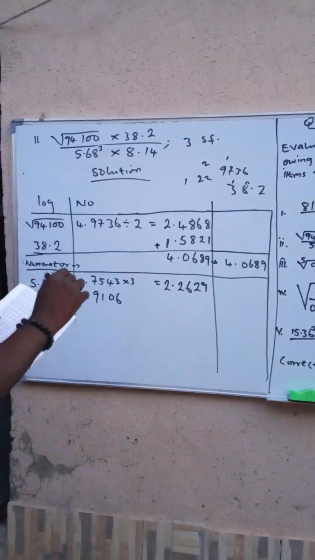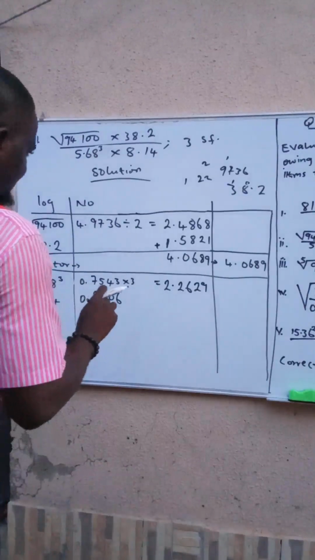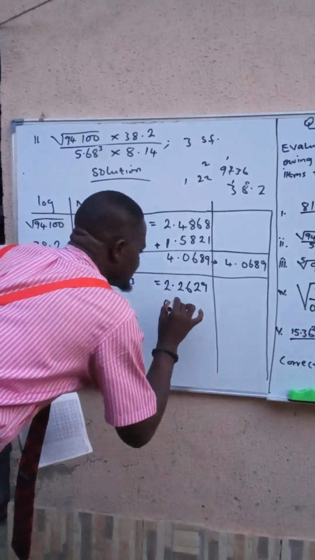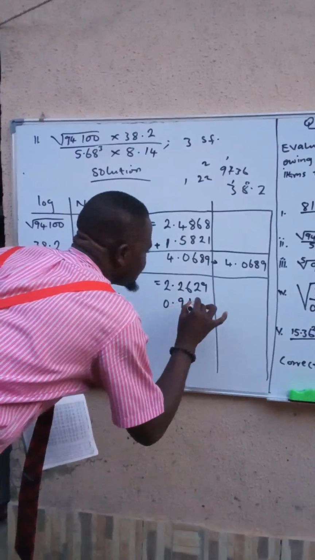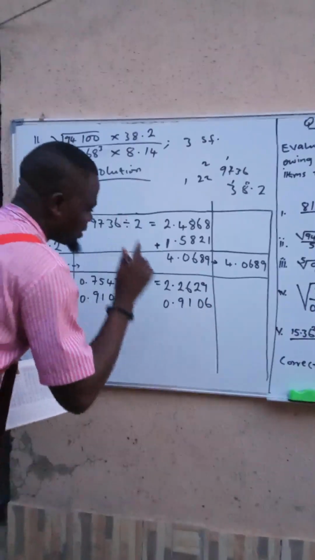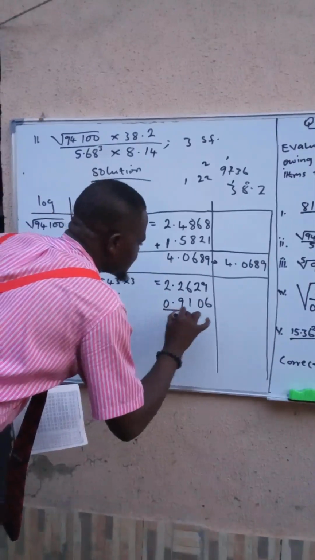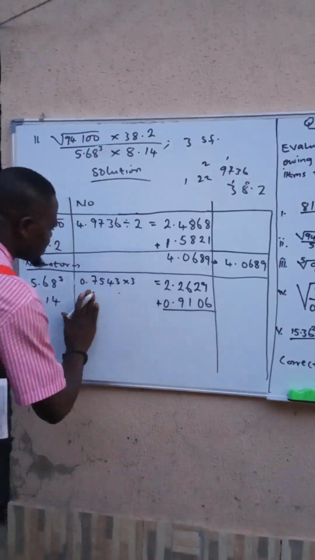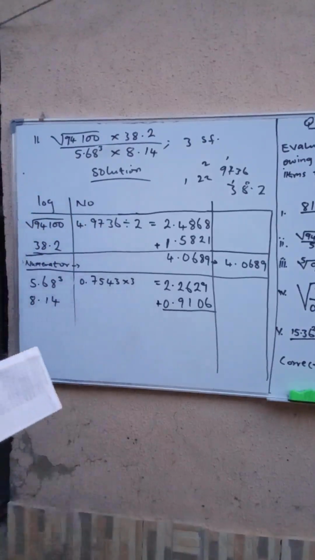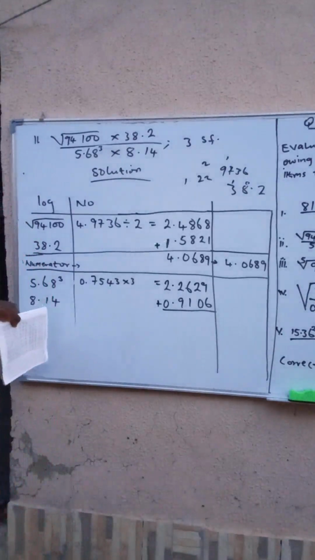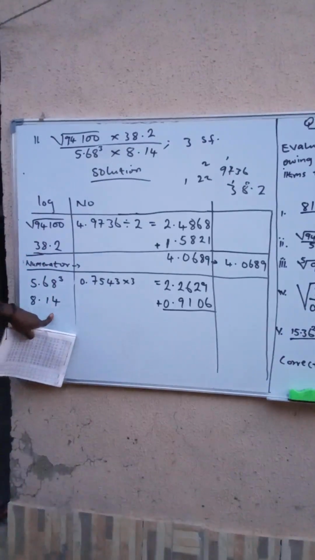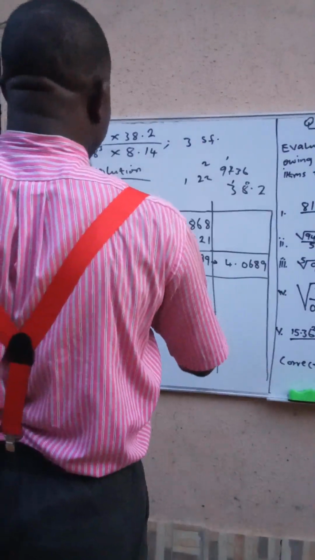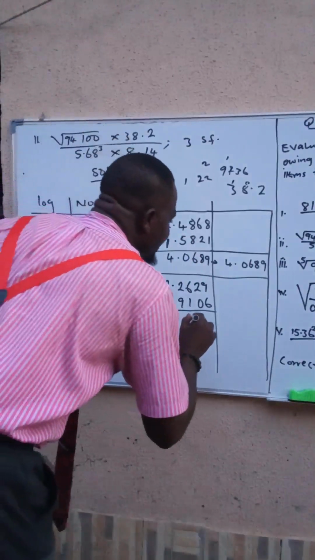Somebody will tell me that, why didn't I put it 0.9106? Since this one does not cross, we have to calculate this one here. There is plus. Now look at it here. Somebody will tell me that, why didn't I mention difference? Because this one is not up to 4 numbers. So there's no difference.